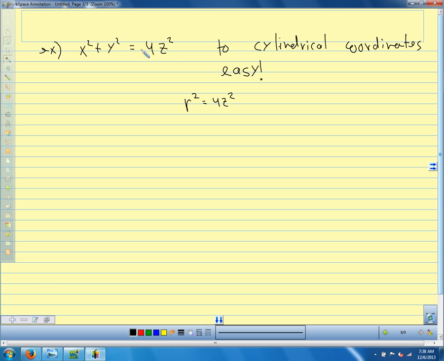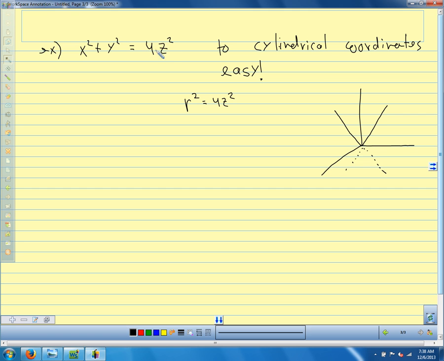That's a line. And if y equals 0, we get x equals plus or minus 2z. So we get a line in the xz plane. So that's a cone. If we sketch out a quick graph, in the yz plane we get lines. In the xz plane, we get a line, and we can extend down below here as well.